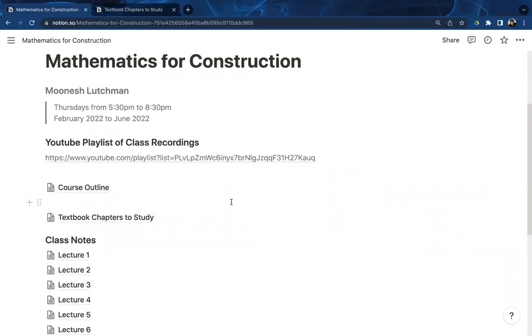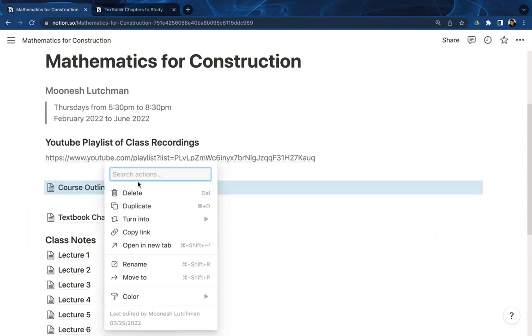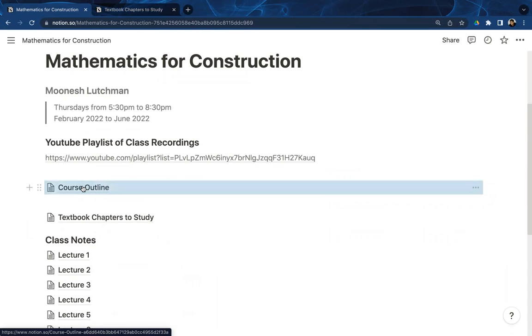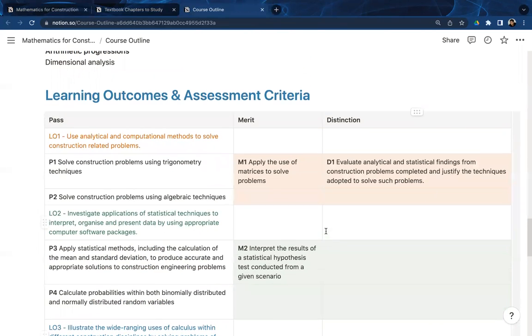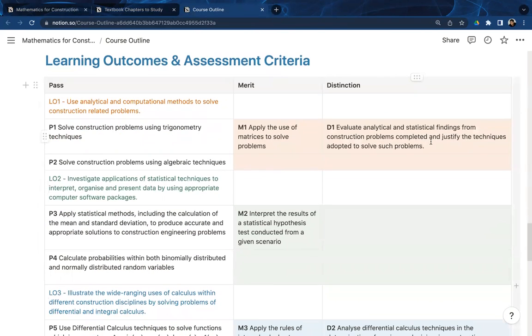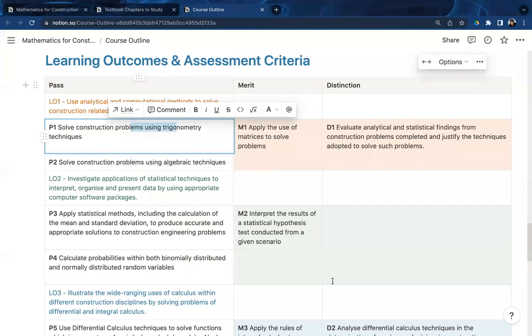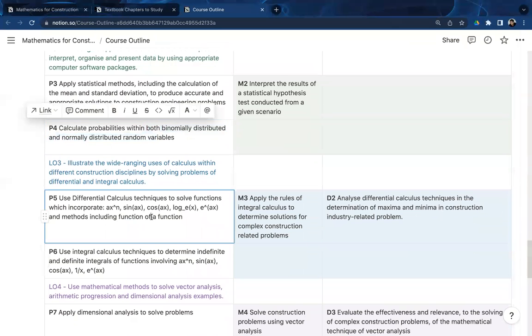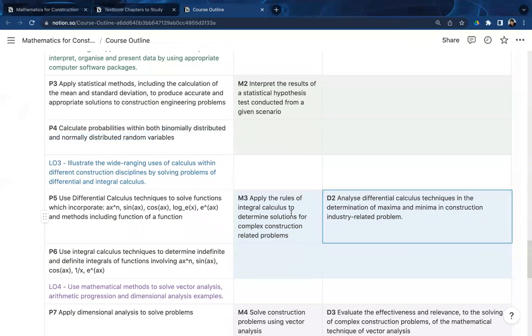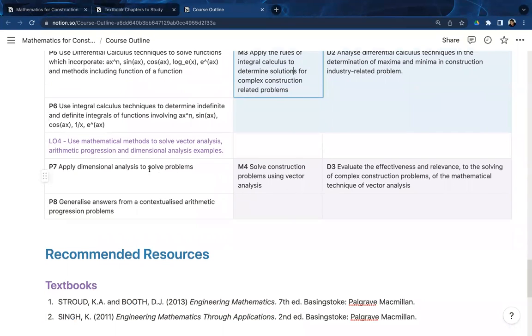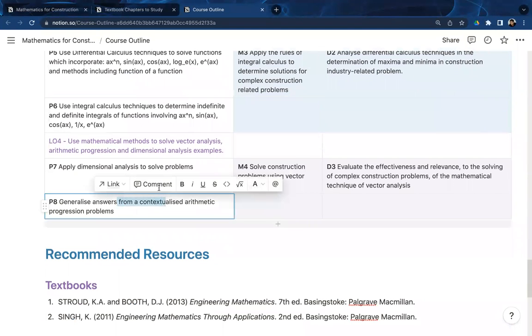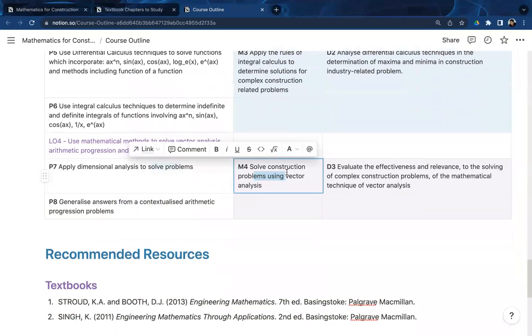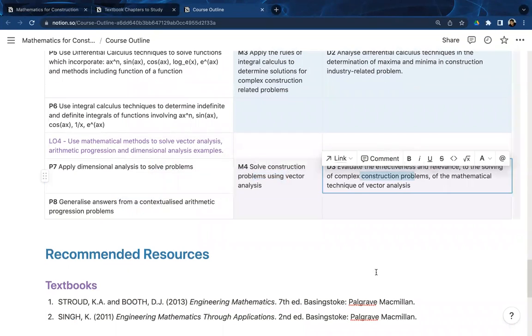We have the course outline. If you scroll along here, I have matrices, statistics, algebra, trigonometry, more statistics, distributions, calculus, arithmetic progressions, analysis, vectors, vectors again.